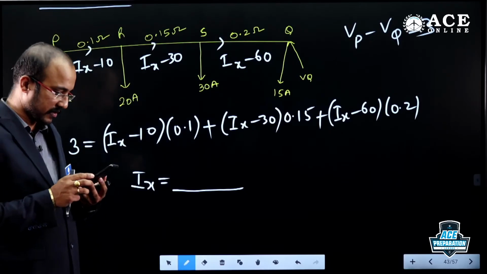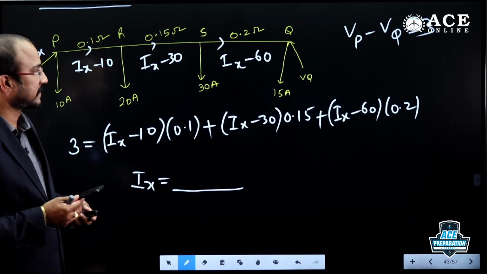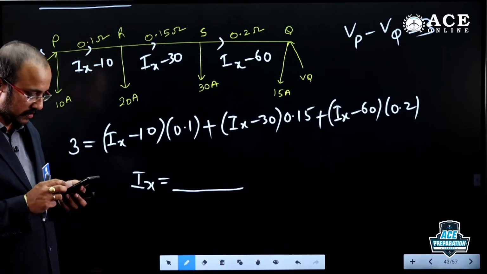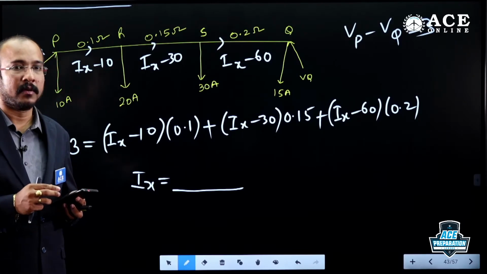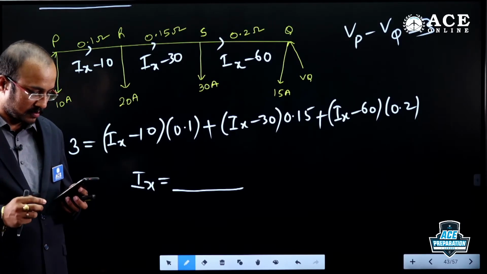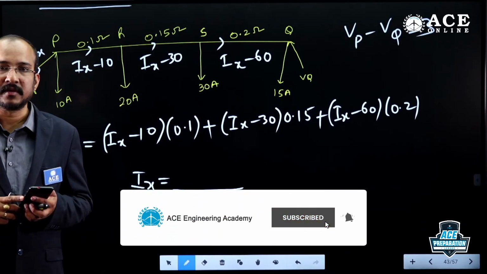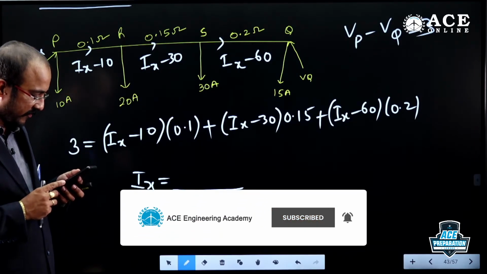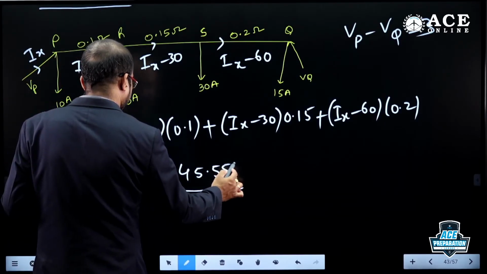Done. Calculated the value of Ix here. So how much do you get? 45.55 amperes.